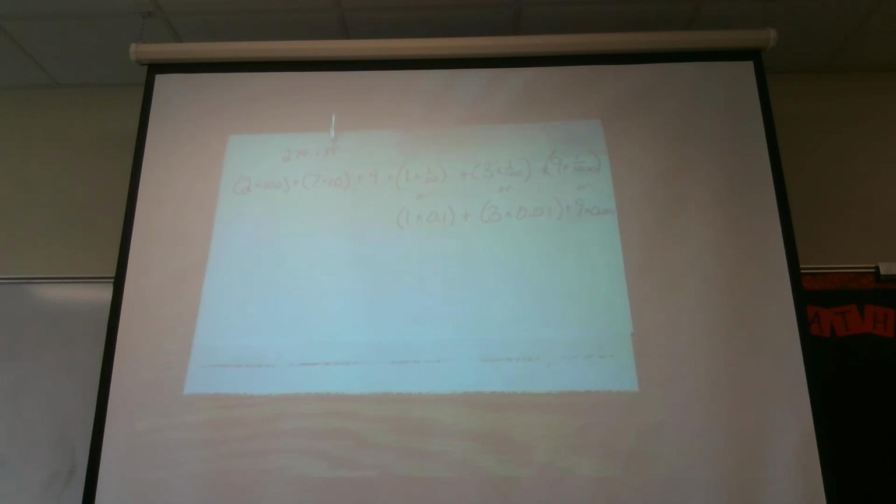I don't have to multiply 9 by anything, because the 9 is in the 1's place, plus 1 times 1/10, because my 1 is in the 10th's place, so I can write that as a fraction or as a decimal, plus 3 times 1/100th as a fraction or as a decimal, because my 3 is in the 100th place, plus 9 times 1/1,000th, because my 9 is in the thousandths place.